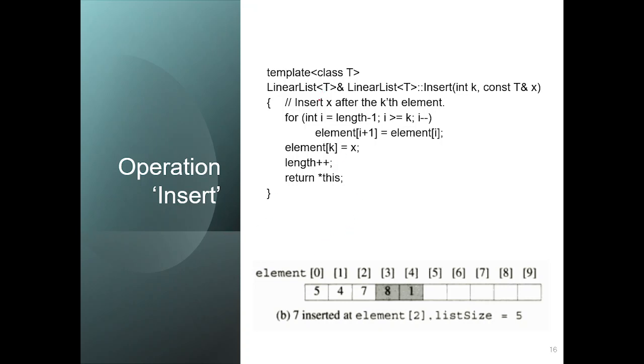Now in the insert operation, what we do is insert x after the kth element, ठीक है। So you specify two values: you specify k, जिसके बाद हमने इस element को insert करना है, and you specify the element. For example, यहाँ पे हम क्या कर रहे हैं, 7 inserted at element 2.